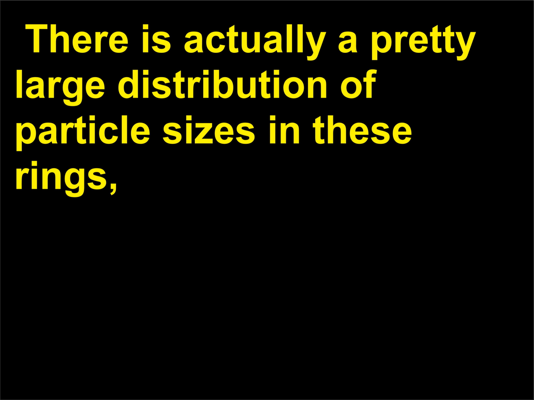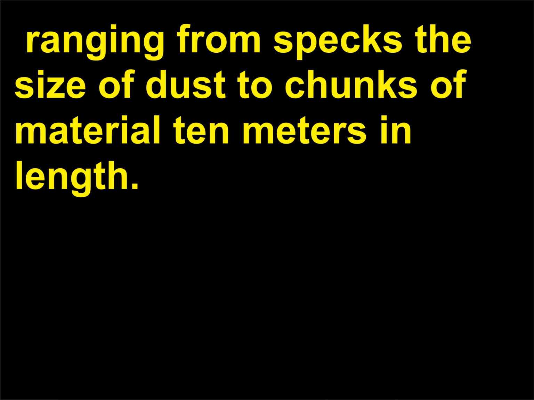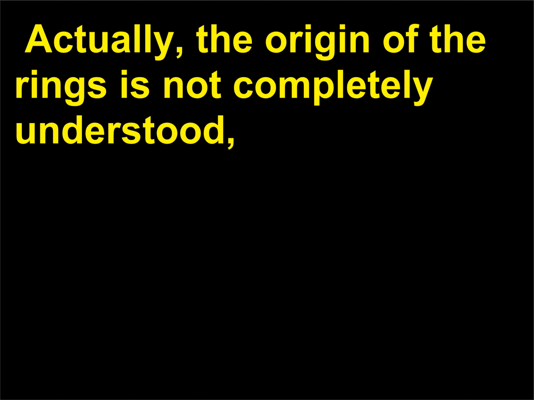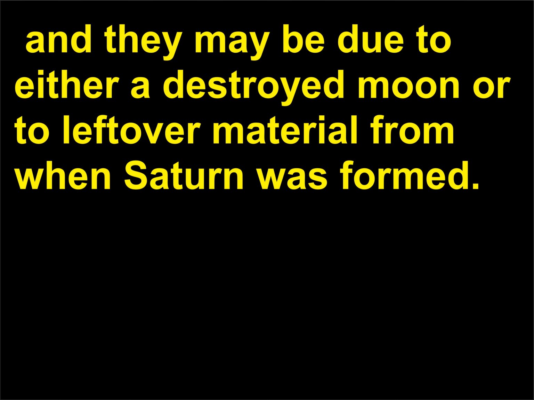There is actually a pretty large distribution of particle sizes in these rings, ranging from specks the size of dust to chunks of material 10 meters in length. Actually, the origin of the rings is not completely understood, and they may be due to either a destroyed moon or to leftover material from when Saturn was formed.